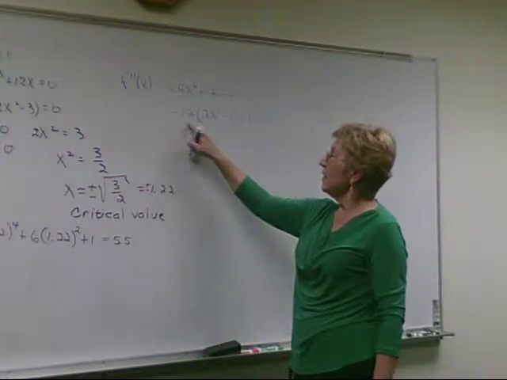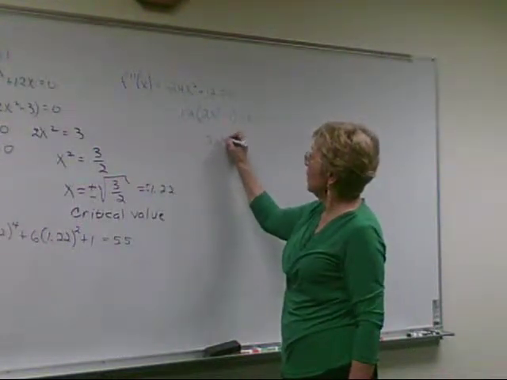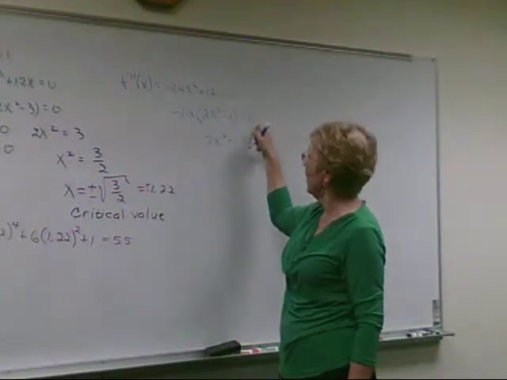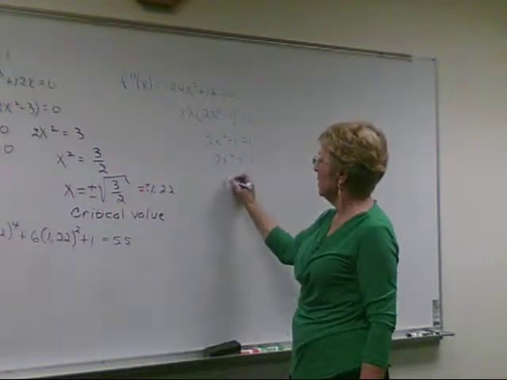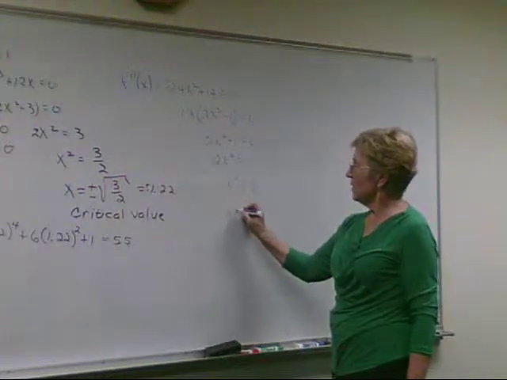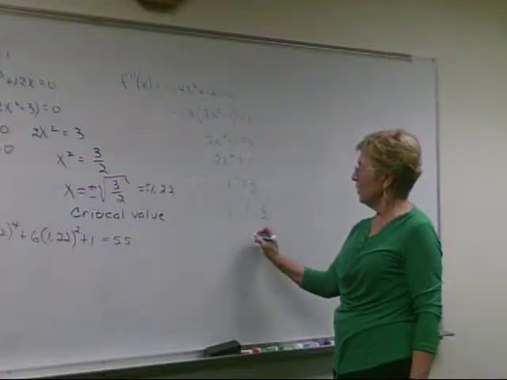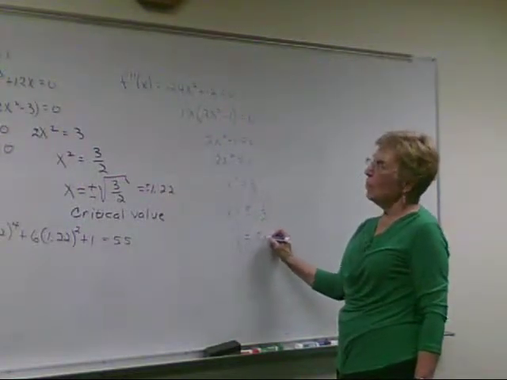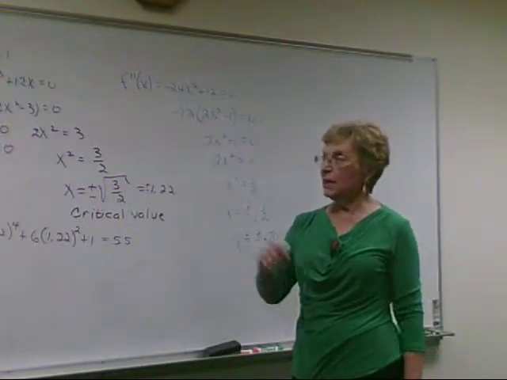And equating the negative 12 to 0 would be meaningless, but we could say 2x squared minus 1 could be a 0 factor, producing a 0 product. Continuing, 2x squared equals 1, x squared equals 1/2, x equals plus or minus the square root of 1/2, which is approximately 0.707.